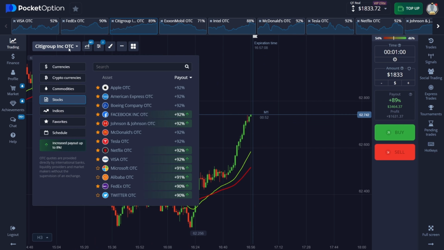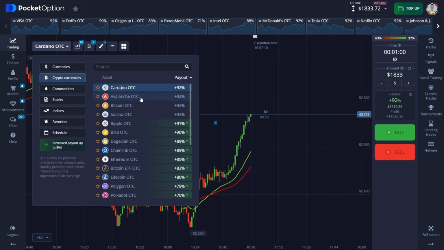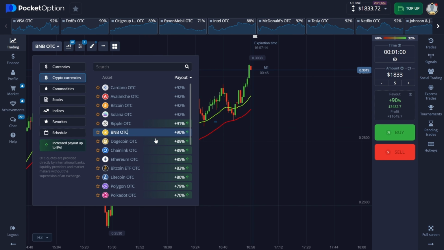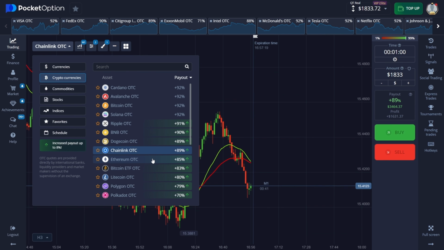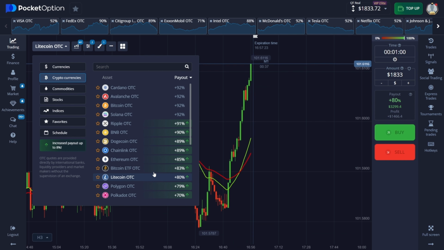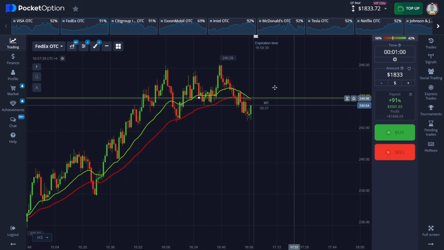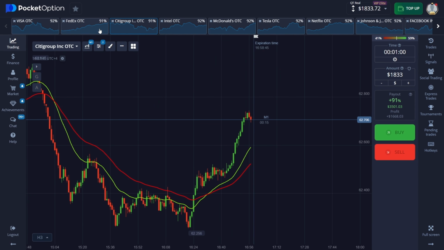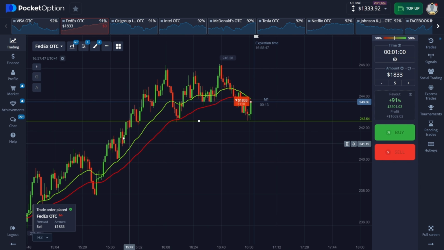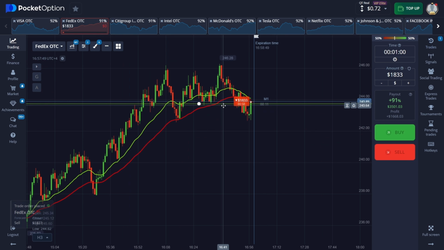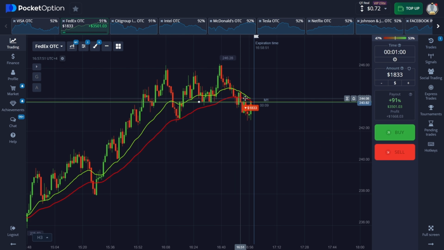Okay, let's look for a trade in cryptocurrency pairs. Here it looks like a trade on FedEx OTC for the downside move. If this candle gives an entry, then I will place a trade for the downside move. Okay, I got an entry and I placed a trade for the downside move on FedEx OTC.